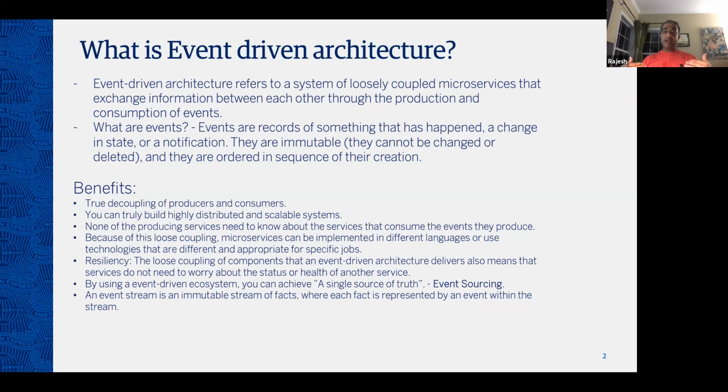And one big advantage is that if I want another system which listens to the order events, I can just plug in that microservice to listen to those events, without disturbing my entire ecosystem. That's a very big advantage of loosely coupled architecture, where I can plug and play, remove things or add things, and everybody's essentially listening to the bus, right? So that's the big advantage.